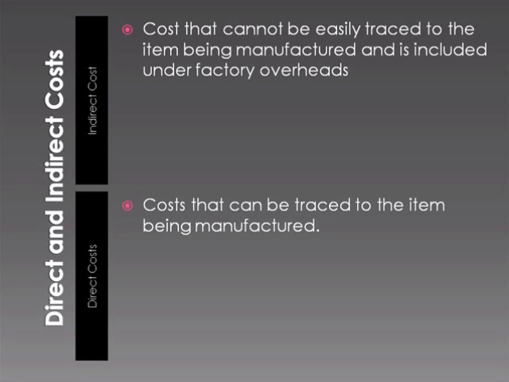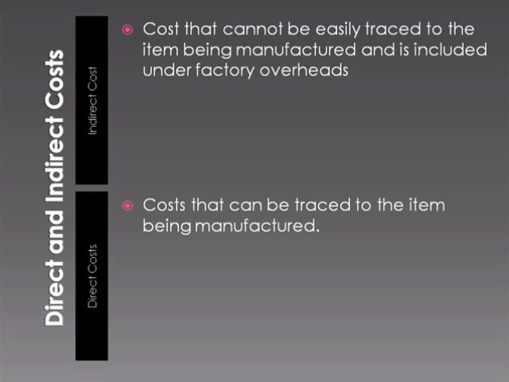Other instances of direct costs include the cost of direct materials, meaning raw materials used to make the product, including carriage inwards on raw materials, and the hire of special machinery for a job. So here we have direct and indirect costs. Direct materials are raw materials used to make the products.